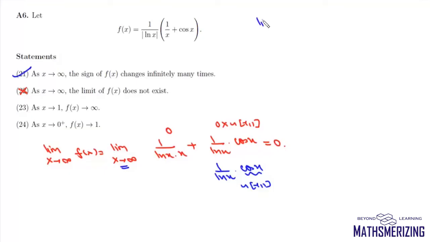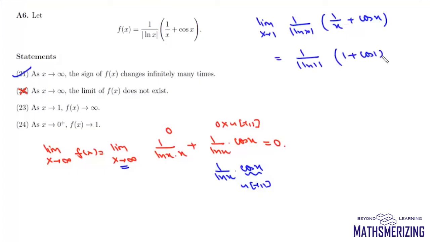Now if we take this limit x tends to 1 upon mod log x into 1 upon x plus cos x, it will be 1 upon mod log 1, and this is 1 plus cos 1. Now 1 plus cos 1 is positive. Now log 1 is 0, and basically this is 0 positive, and 1 upon 0 positive is plus infinity. That means this statement 23 is correct.